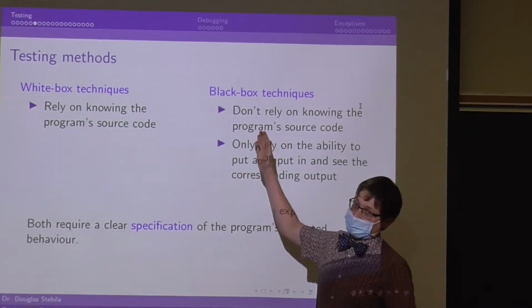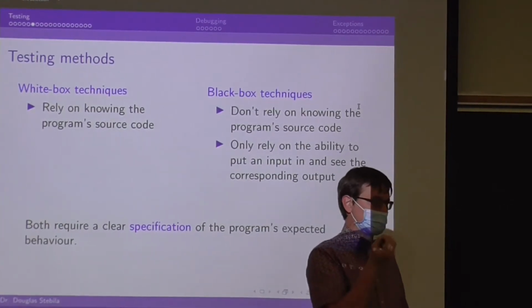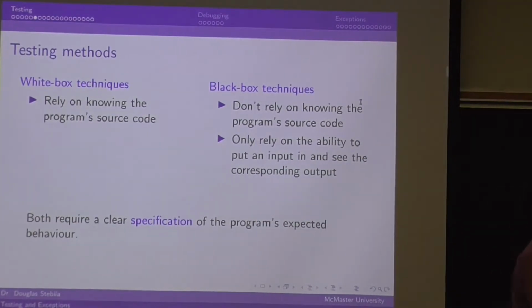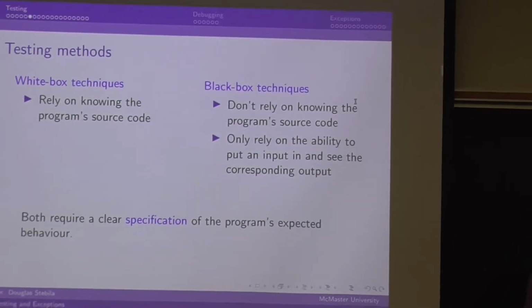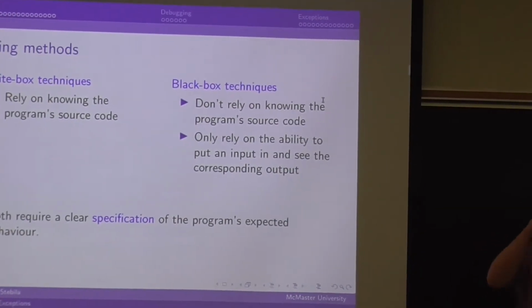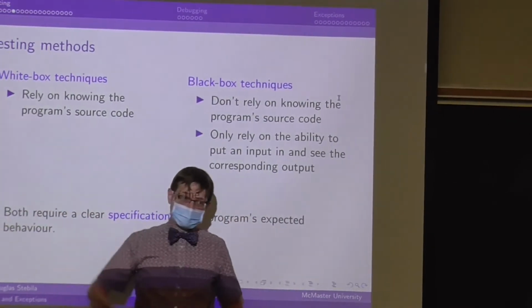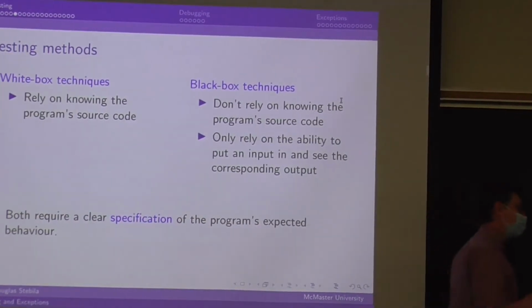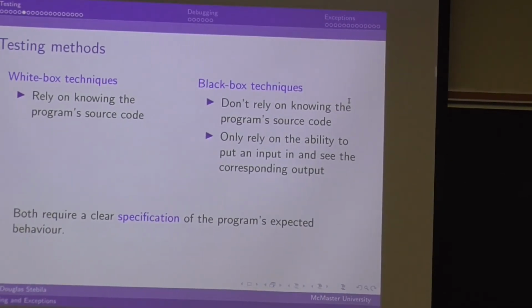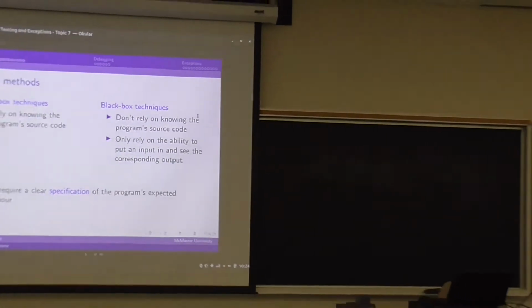It says white box, black box, but the correct way to interpret that in your brain is transparent box, opaque box, right? That's kind of more what it's getting at. So, under white box technique, you are relying on knowledge of the source code itself in order to test and verify the integrity of that source code.